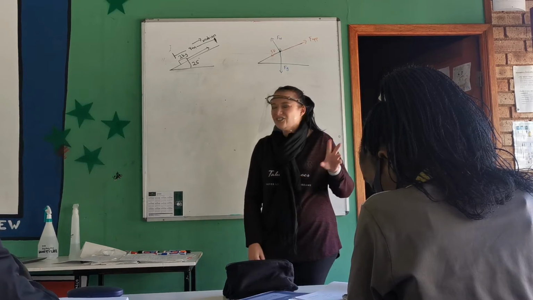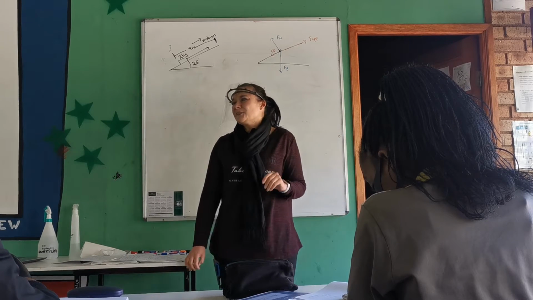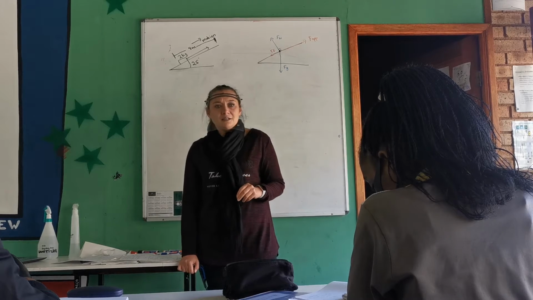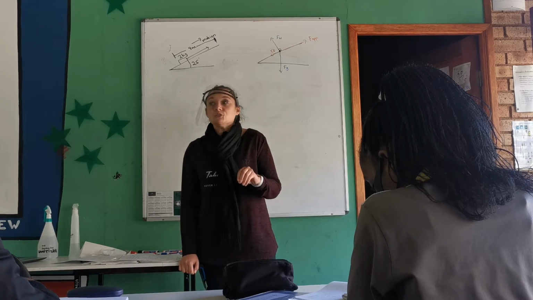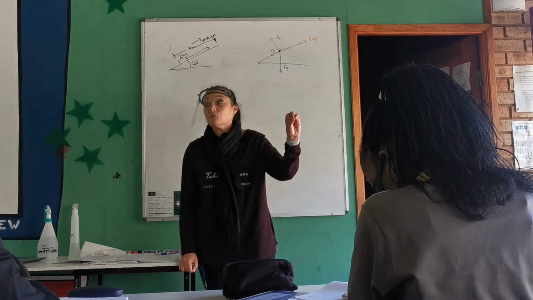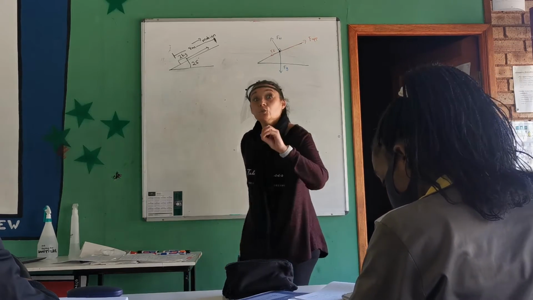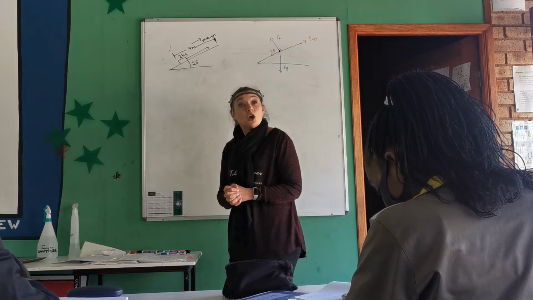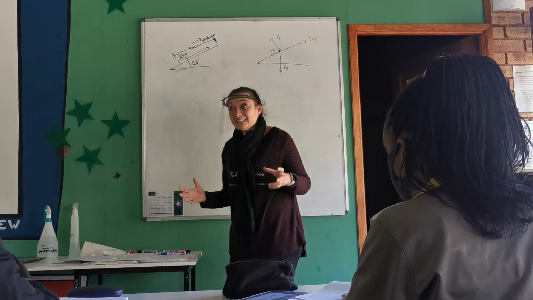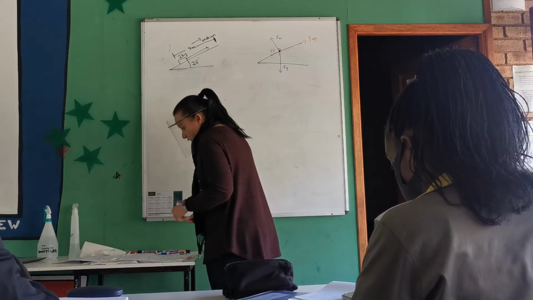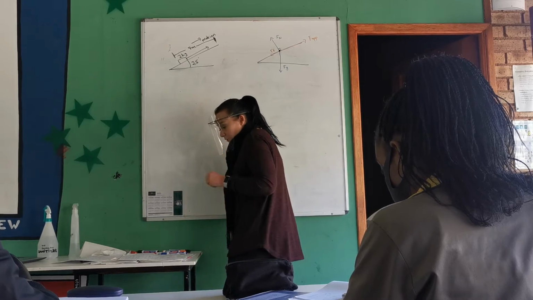Now effectively it's not really vector summing because work done is not a vector. But I meant vector summing because we're going to take into account what's positive and what's negative. So we can calculate that using work done as an equation. Are you ready? Okay. So I'm going to use method 1.